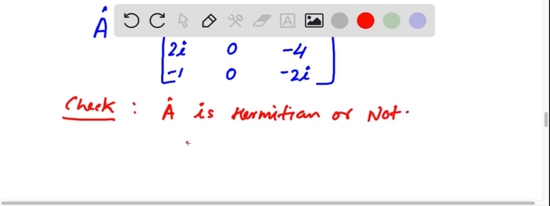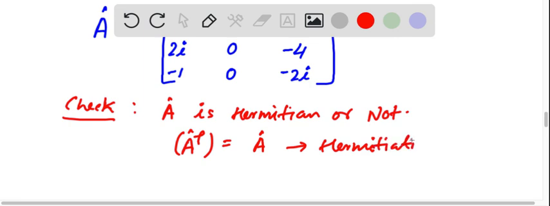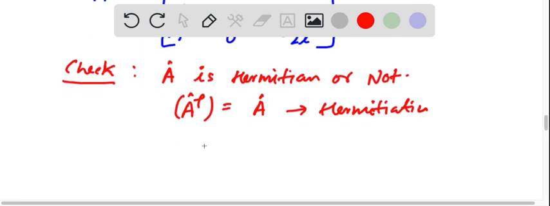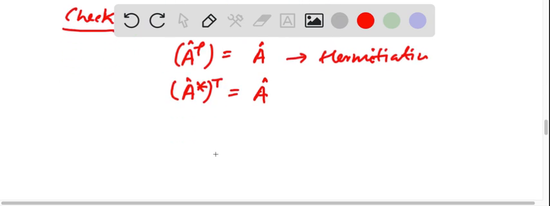If A dagger is equal to A, then it will be Hermitian, and A dagger is the complex conjugate of A and then the transpose.